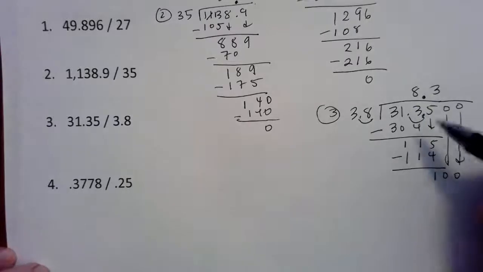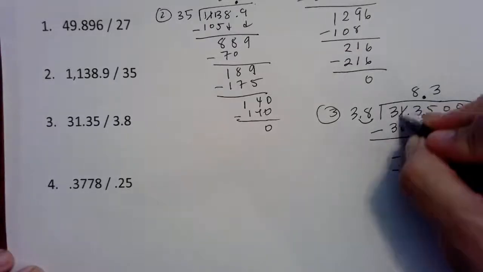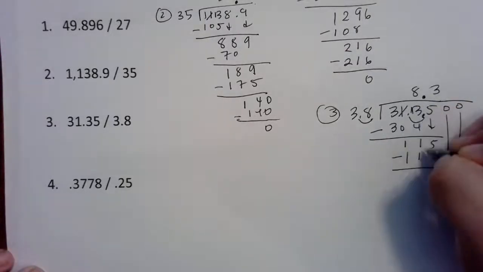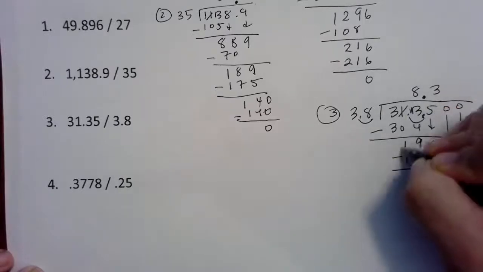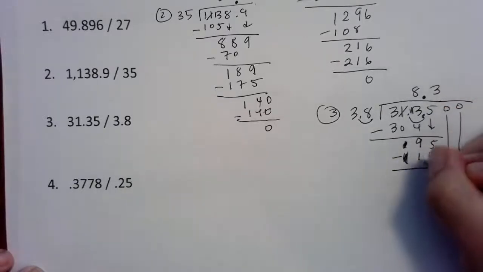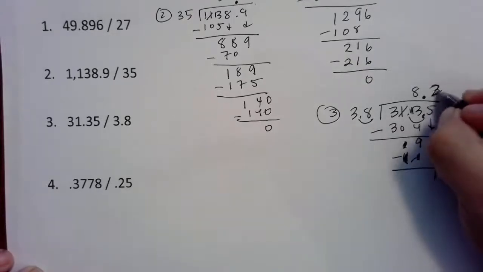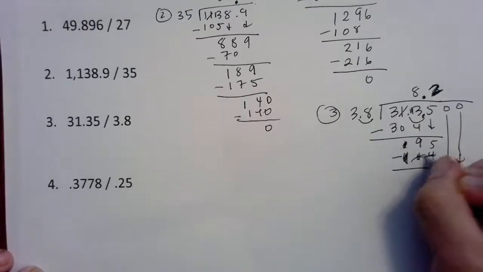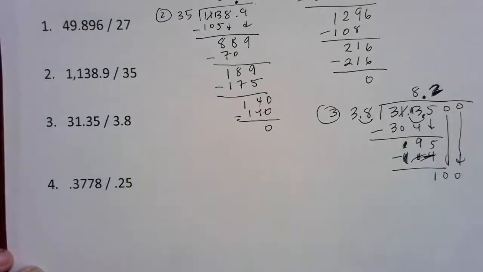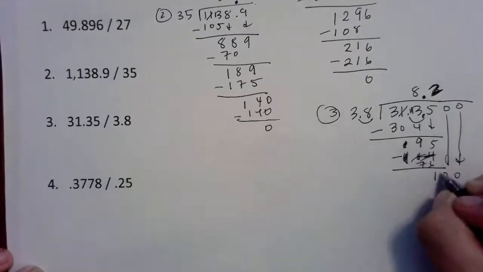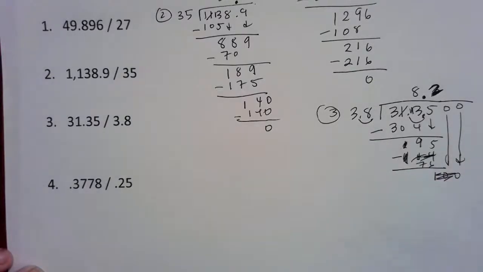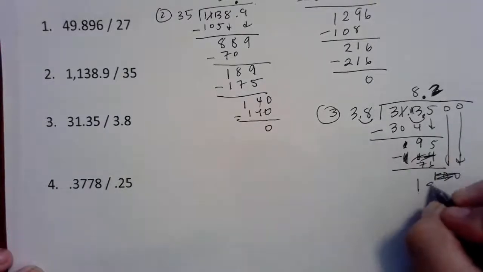Sorry. I'm so sorry. I should have borrowed here, and then that would have been 13, and this would have been a 9. I messed up. So that changes this to 2. So 2 times 38 is 76. So 95 minus 76 is 19. Sorry about that.